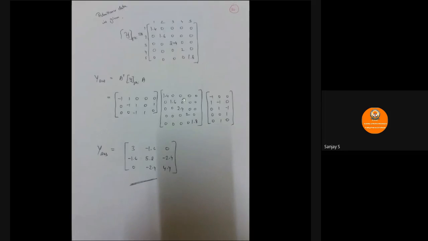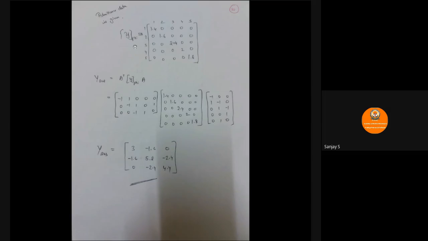When we write the Z primitive matrix, diagonal entries will be self-impedances, off-diagonal entries will be mutual impedances. Here in this particular problem, they have given admittance data straight away. They have not given any impedance data. Since they have given admittance data directly, instead of writing Z primitive, straight away we can write Y primitive.